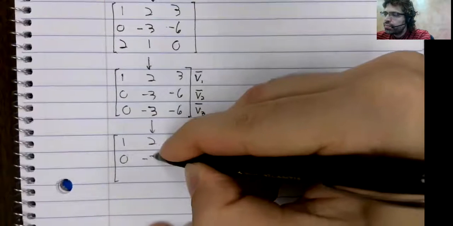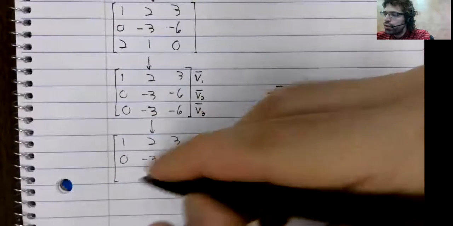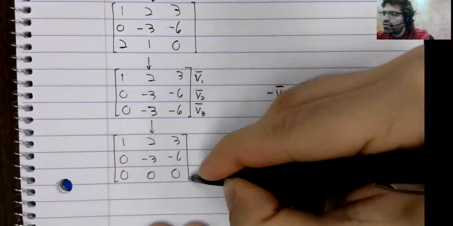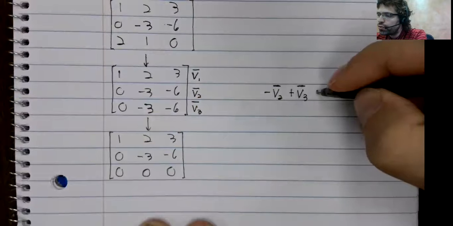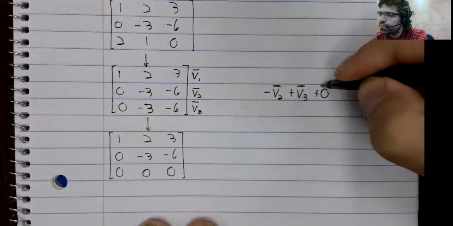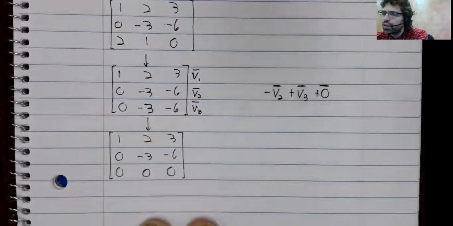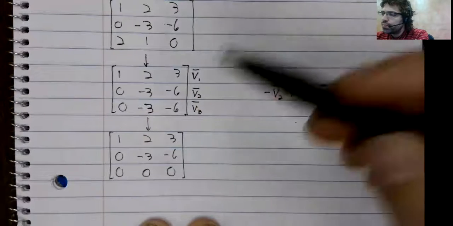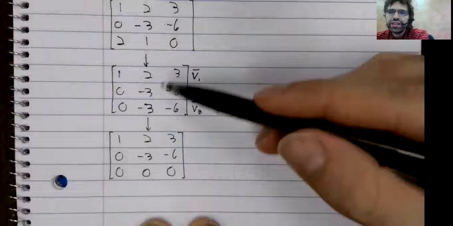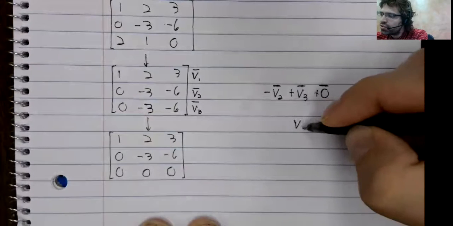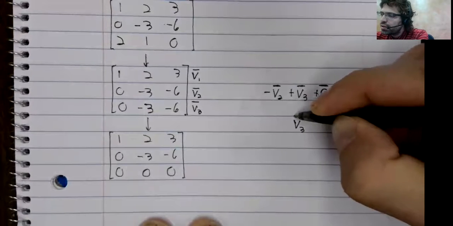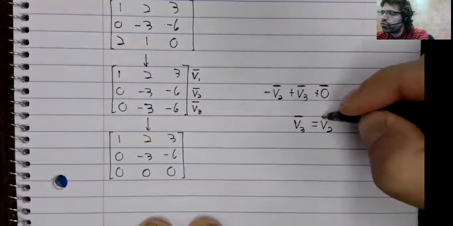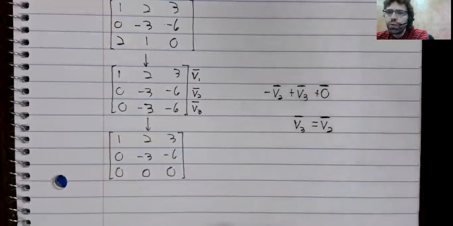And the third row becomes all zeros when we do that. In other words, by this point in the process, we had made the second and third row equal.